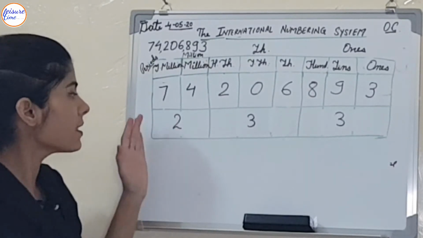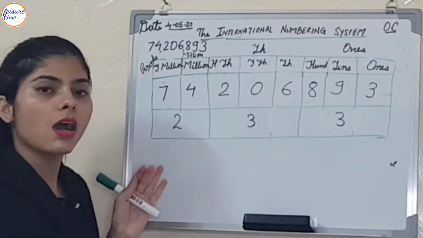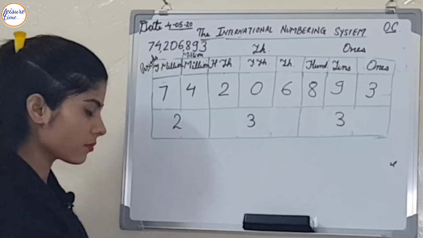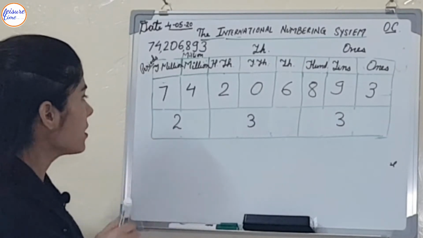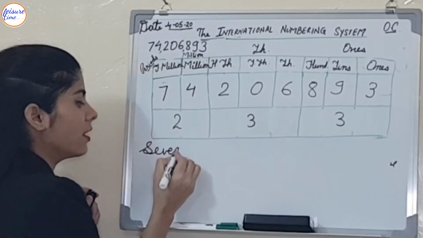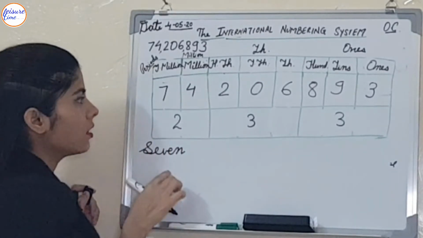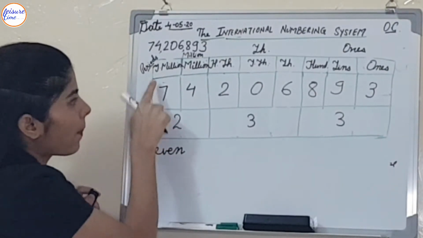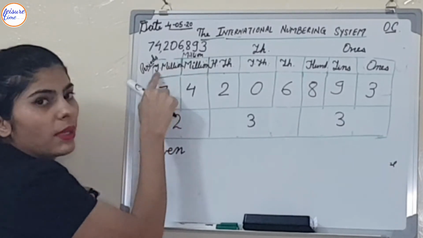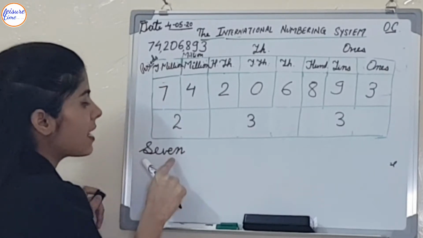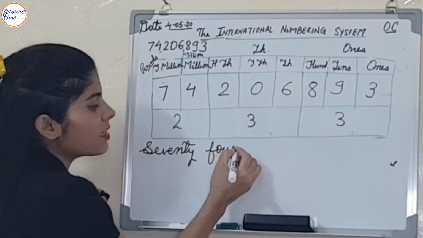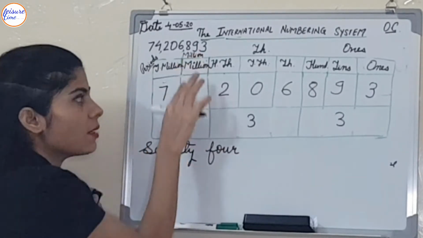Okay. So let's see how you will write these digits in words. Let's start. See, what are the digits here? 7. Now what is the position of the 7? 10 million, but we should write 74, because these are 2 digits in the same group.